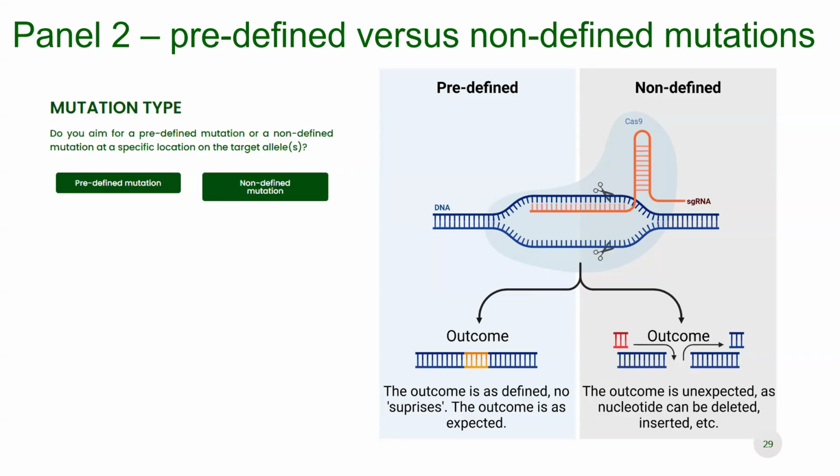While in the non-defined mutations, you know the place, of course, you know where the Cas enzyme makes a cut. But the outcome, if it's a deletion or insertion, and how many nucleotides are involved, is not defined. So this is the distinction we make in this panel.